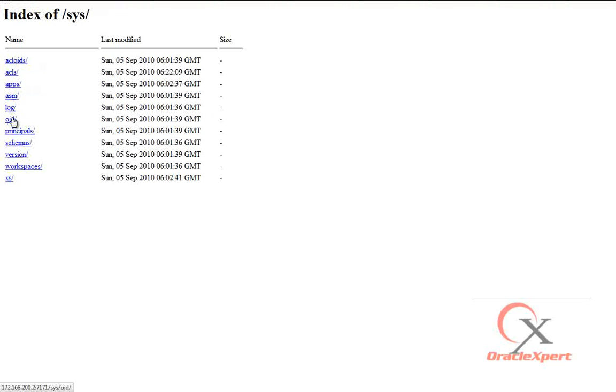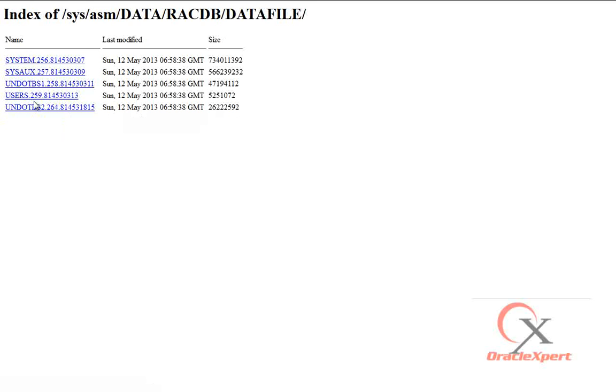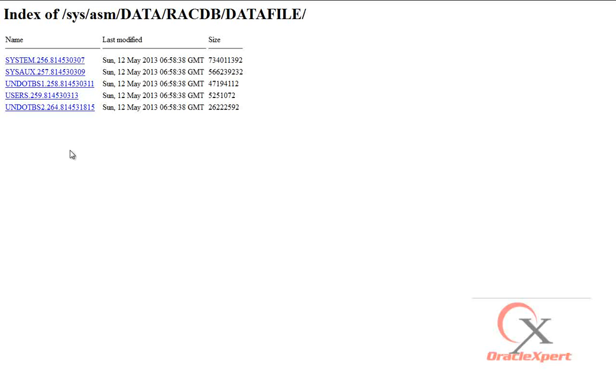I go to sys. I go to ASM. See, you see the disk group now, data. Now you see group 0 and RACDB. Go to RACDB. I wanted to copy a file, a data file. Right click on it, say save link as.